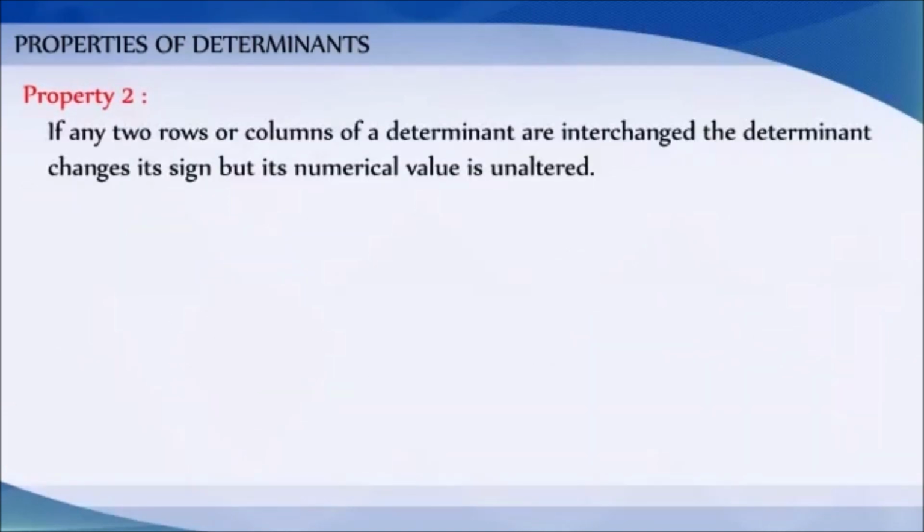Property 2. If any two rows or columns of a determinant are interchanged, then the sign of the determinant changes.